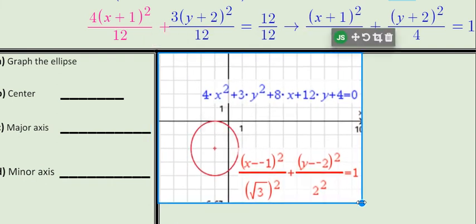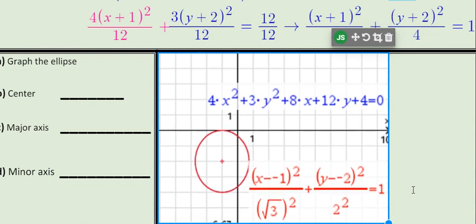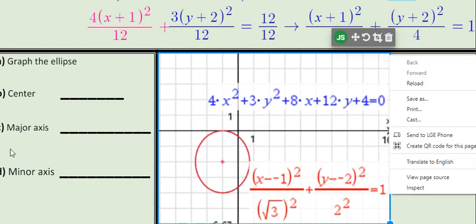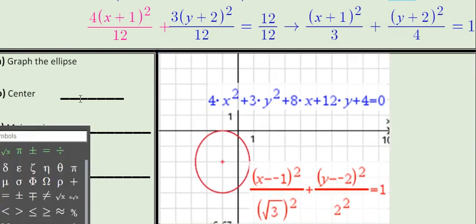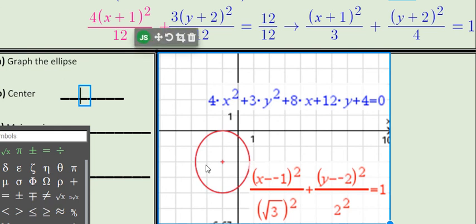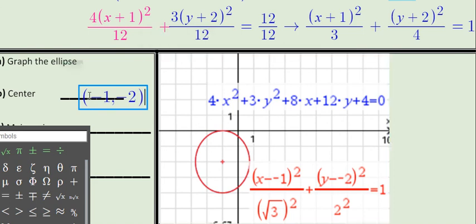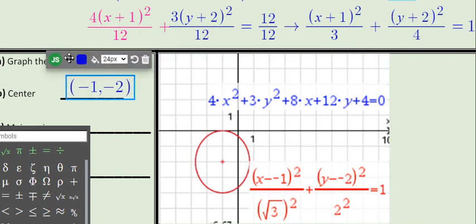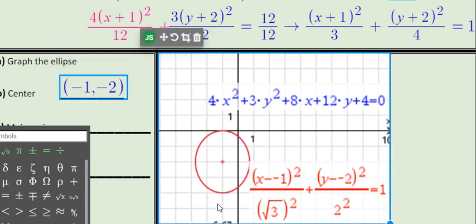And from this graph, I can identify the key points that I need. My center is -1, -2. The major axis, right? The major axis is up and down.